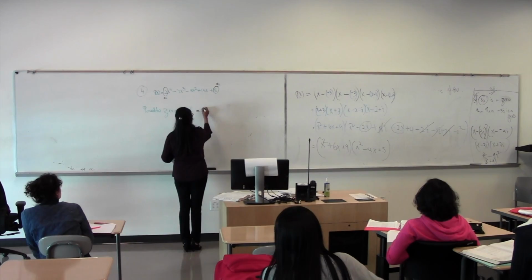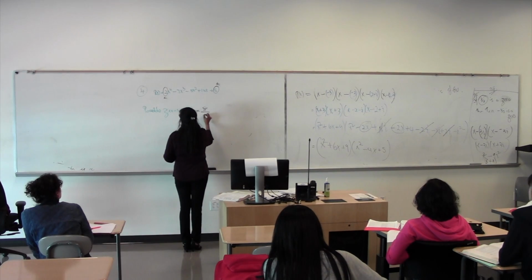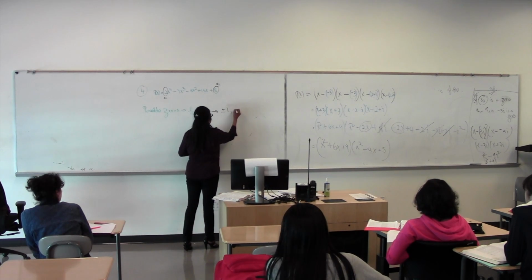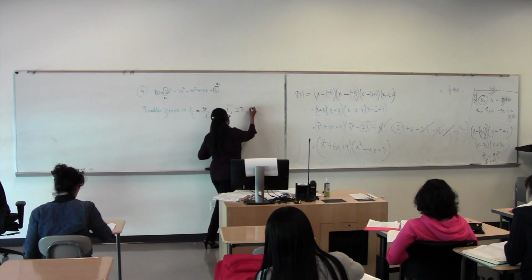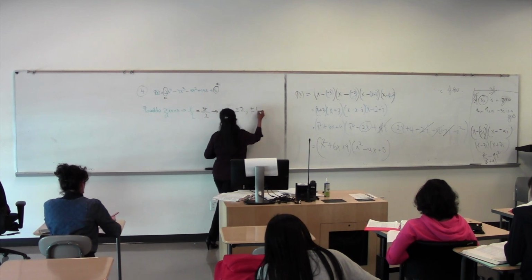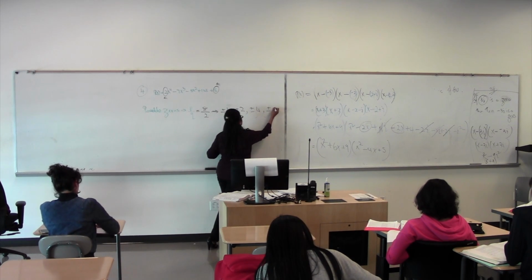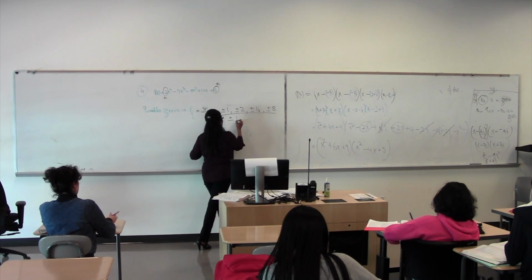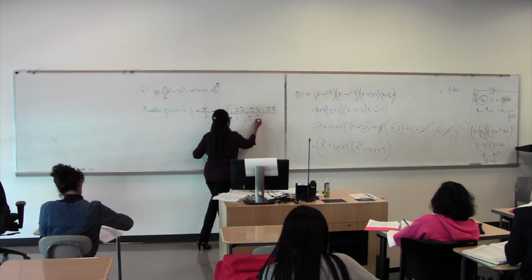So we get 8 over 2, so we get p: plus or minus 1, 2, 4, 8, divided by q: plus or minus 1 and plus or minus 2, okay?